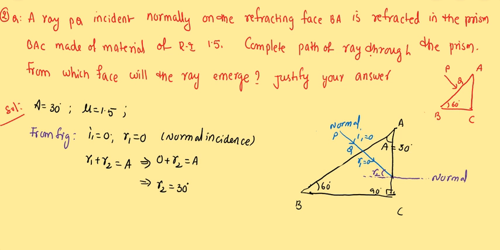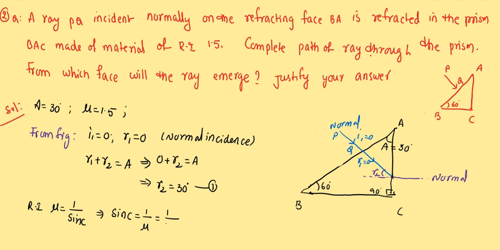Then after that I want to find out the critical angle of the prism. For that we know the refractive index and critical angle relation, that is the refractive index mu is equal to 1 by sin C. From this, sin C is equal to 1 by mu. The mu value is 1.5, given in the question.